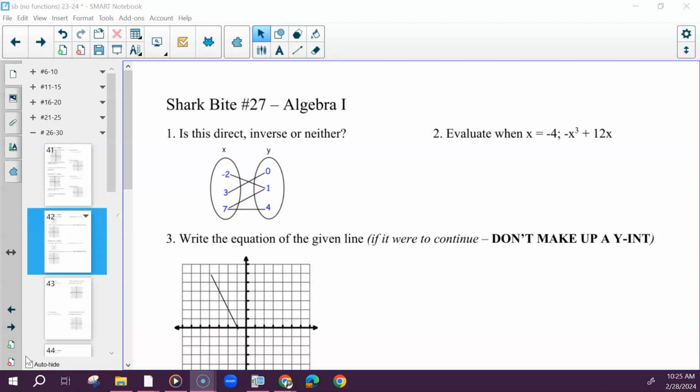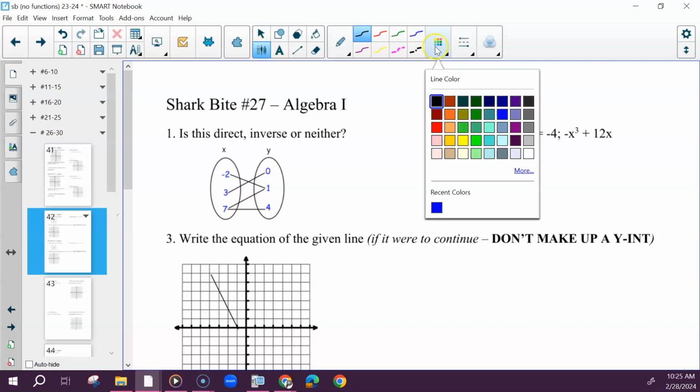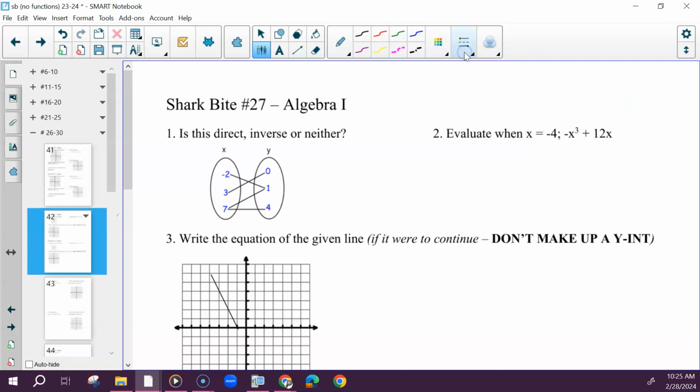I was going to say more threes and twos, so we'll do those three. These two can be done in Desmos. This one can be done in Desmos, but because you have the graph, it's just easier to use the graph. So let's do those two first.